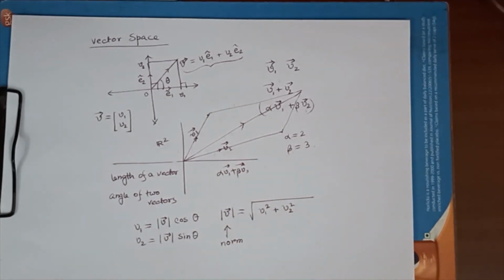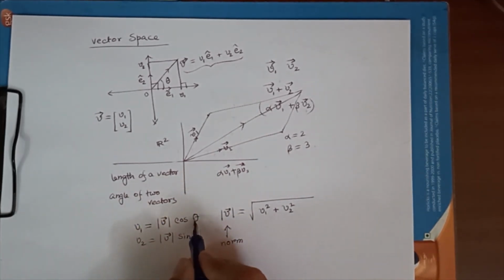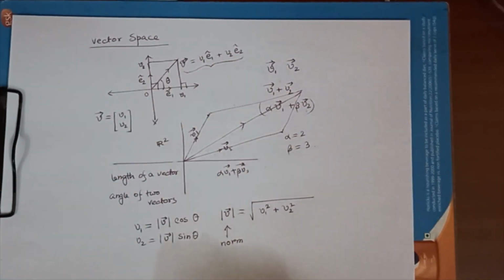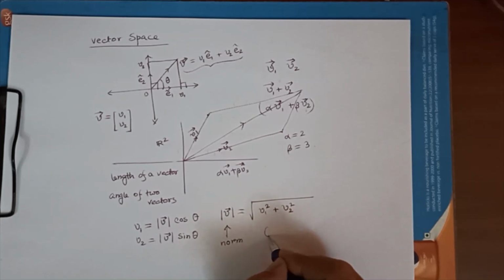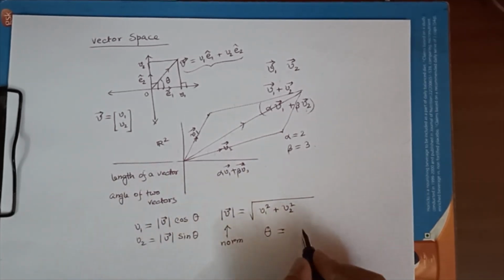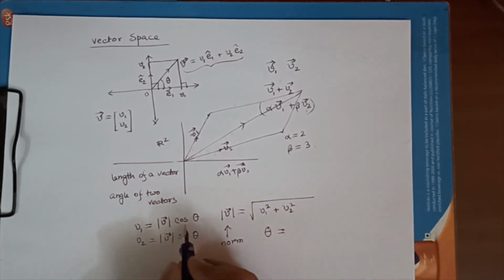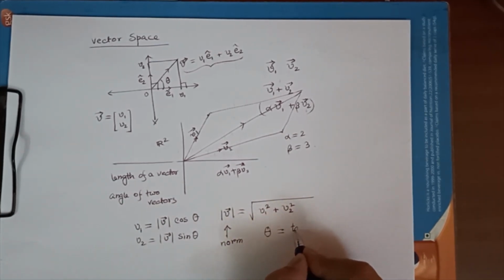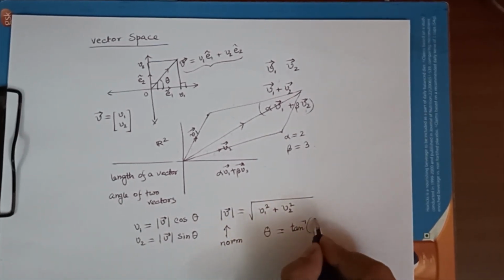We'll mention that. Similarly, we can compute the angle of the vector with any axis, say the x-axis, that is the normal standard representation. That theta can be computed in a similar way from v1 and v2: tan theta, sin theta by cos theta, will be v2 by v1. So we can compute theta to be tan inverse of v2 by v1.